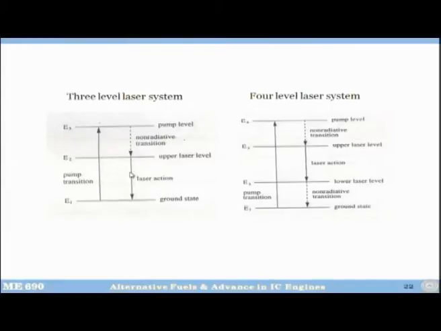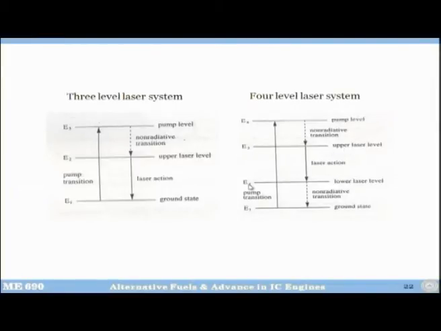It depends on what kind of material you are taking, whether the laser will be a 3-level or 4-level laser system. There are some materials where the ground state is here and you pump, it goes to E4, and from the pump level first it comes to E3 by undergoing a non-radiative transition, and from here the laser action takes place, it comes to the lower laser level from the upper laser level.